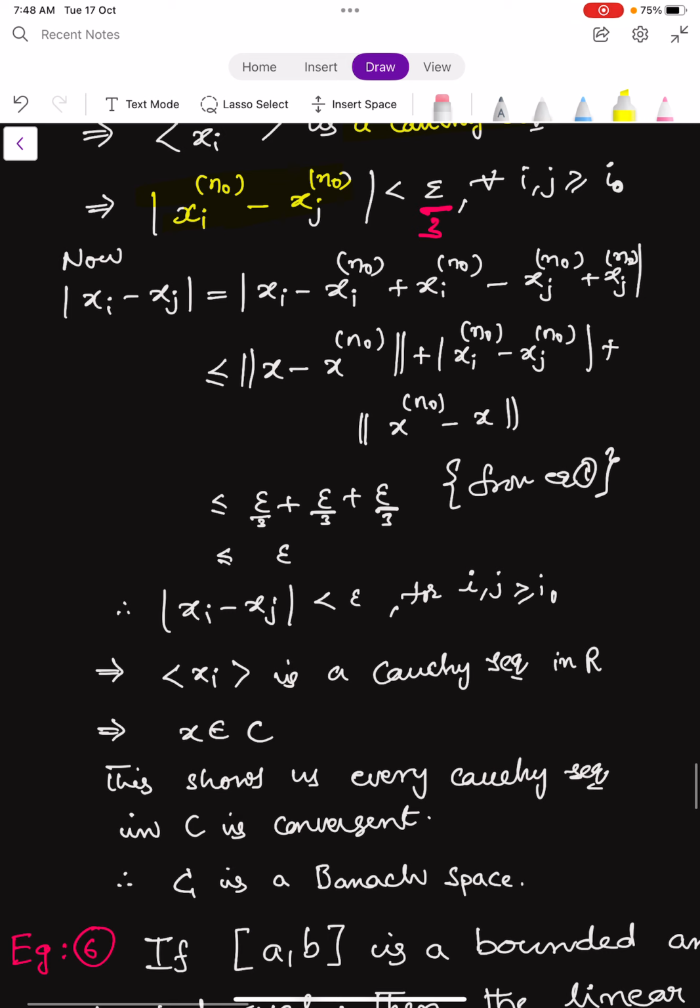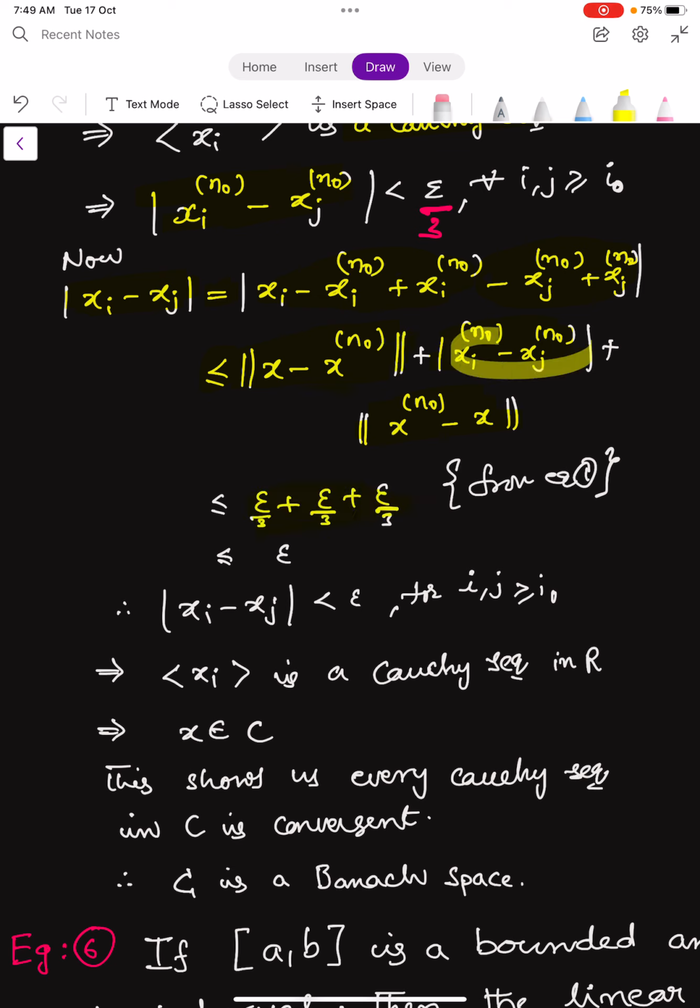Now you can write like this: xi minus xj is equal to xi minus xi power n naught plus xi power n naught minus xj power n naught plus xj power n naught minus xj. I add and subtract the same terms. By splitting the terms, this equality becomes an inequality: |xi minus xi power n naught| plus |xi power n naught minus xj power n naught| plus |xj power n naught minus xj|. By the previous argument, all these are less than epsilon by 3 plus epsilon by 3 plus epsilon by 3.